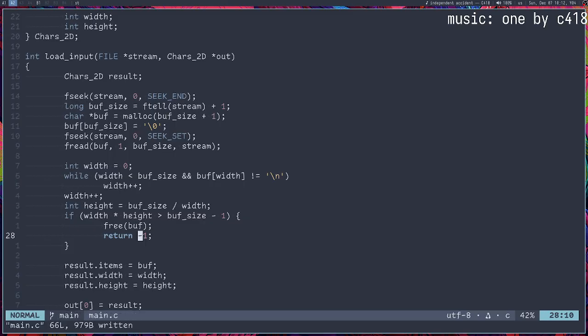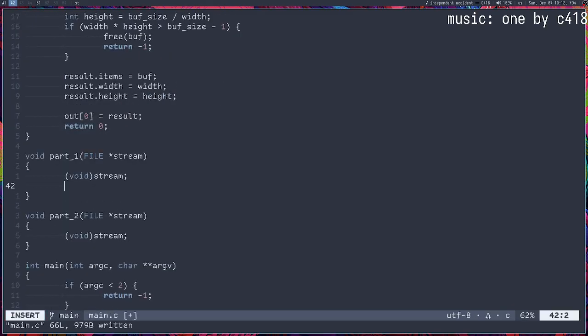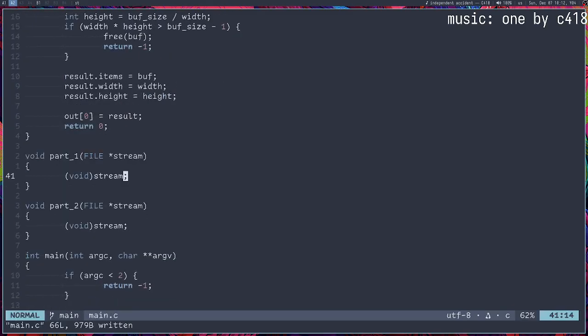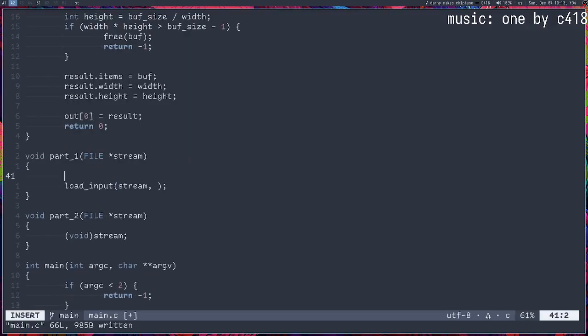And yeah, buff. Load input stream. Cars D input.